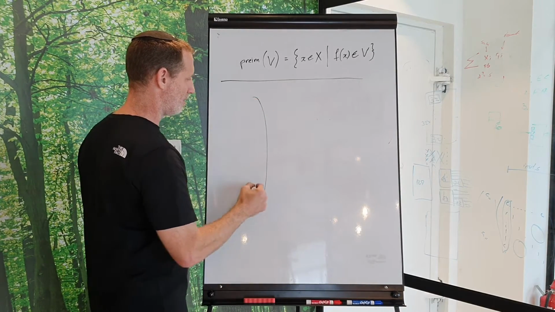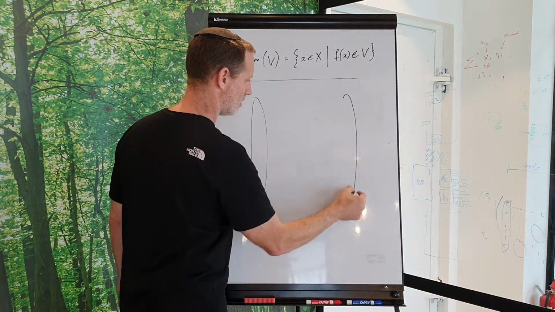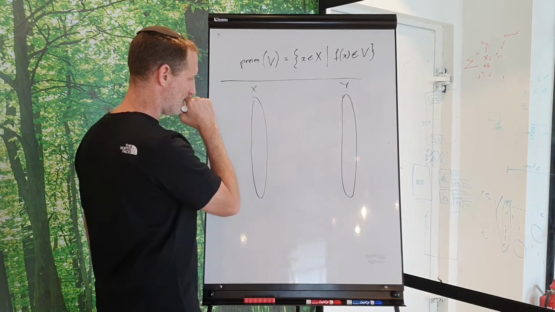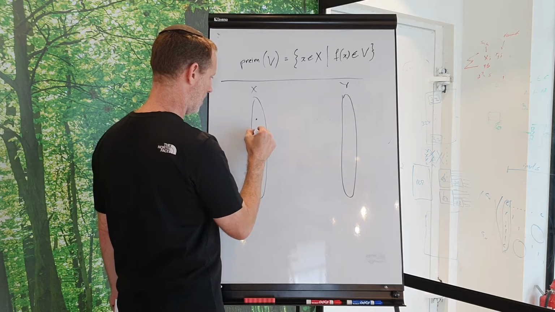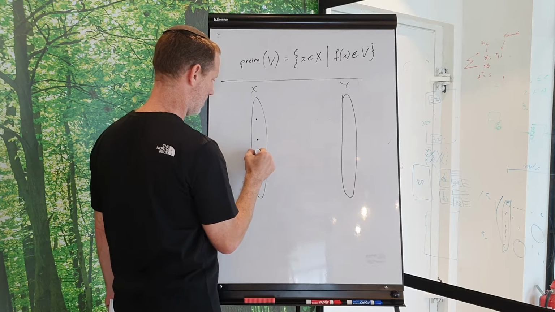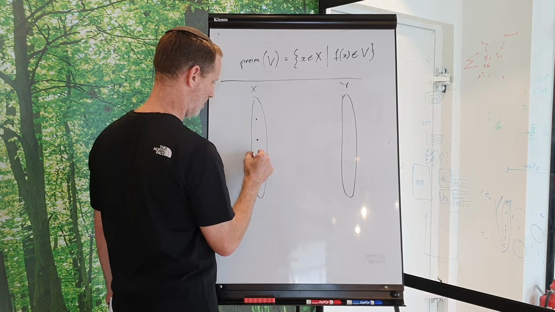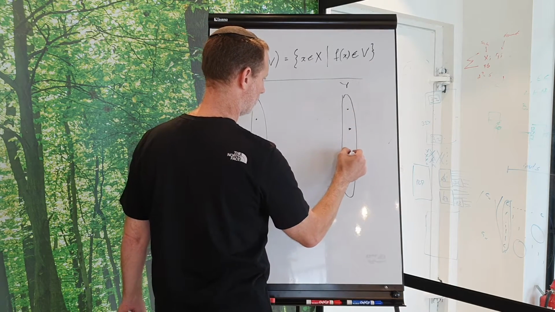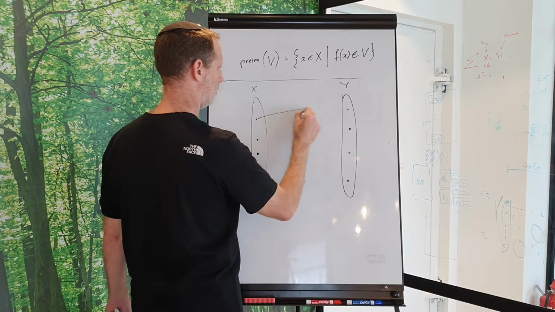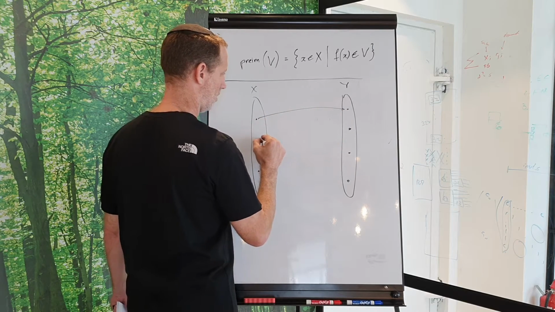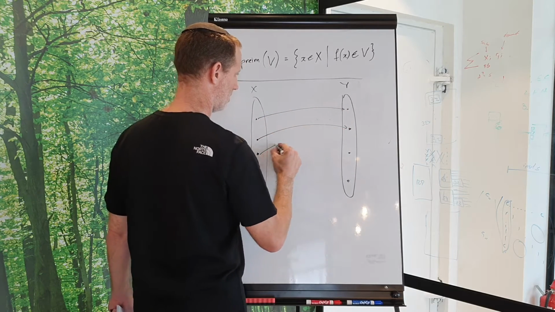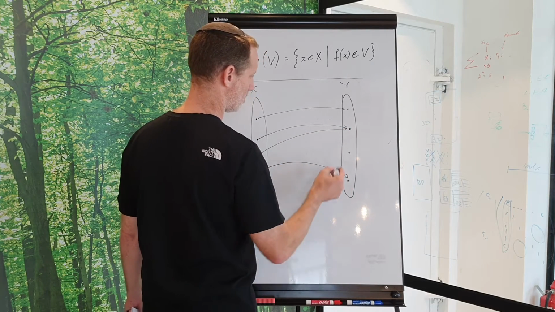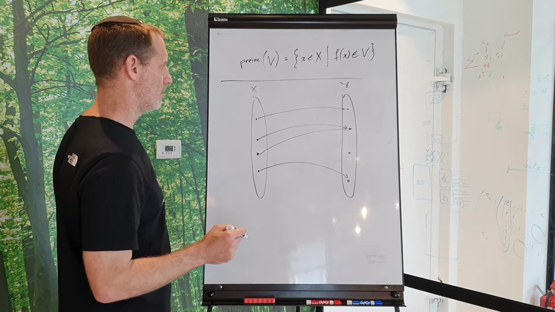Let's just look at it graphically. We've got x and y, and say that we have 4 points here and 4 here. Just define any function. So this maps to this, this also maps to this, and this maps to this. And this is just left.